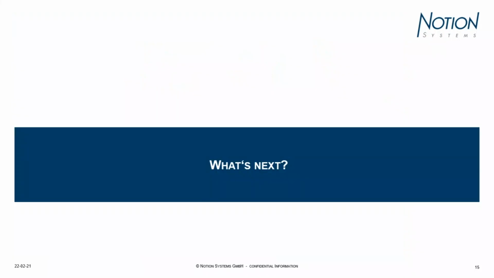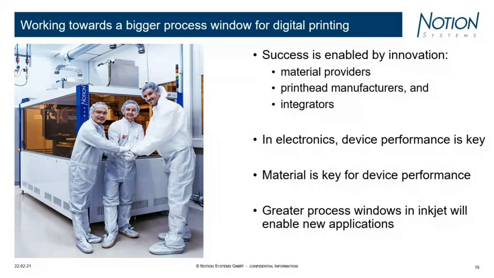So what's next? Since it's a family meeting, we are all doing electronics printing in various areas. There are many technology providers, many material providers, and the innovations and successes that I see in the different areas of application, for Notion Systems and for others, have been enabled by innovations at material providers, at print head manufacturers, and at integrators.